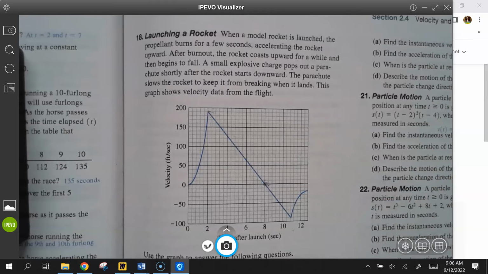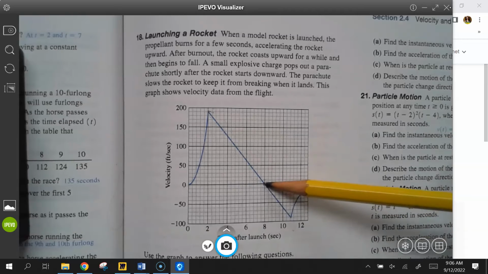When did the parachute pop out? Because remember, it goes up in the air and then the engine stops, but it's still going up even after the engine stops because it has so much built up force going up. Then it stops and starts coming down, and then a parachute pops out after it's coming down.